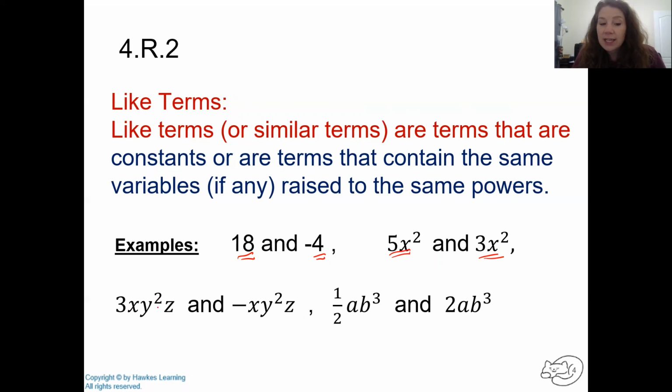This one has a coefficient of 3, and this one has a coefficient of, who knows, -1, right? And then finally, ab to the third and ab to the third makes these 2 like terms. This one has a whole number as a coefficient. This one has a fraction, but they're still like terms because the variables and the exponents match exactly.